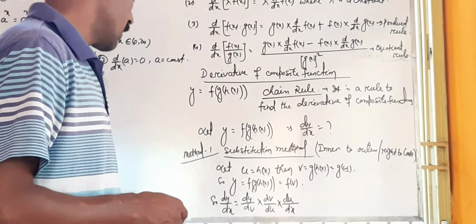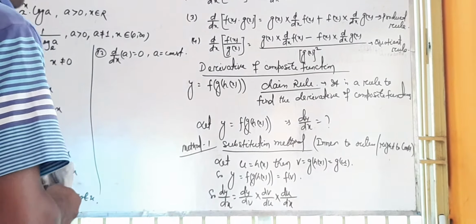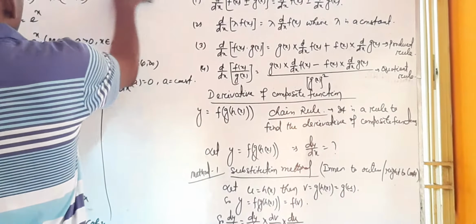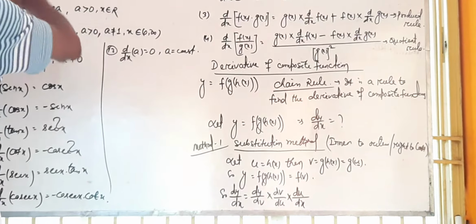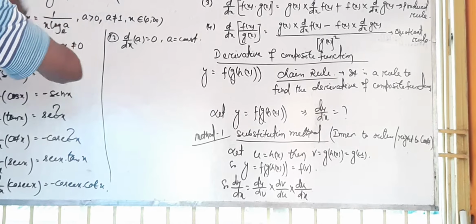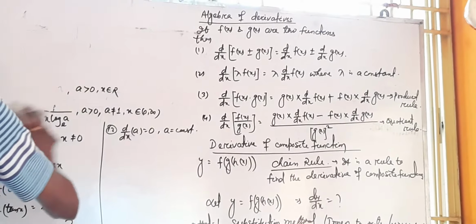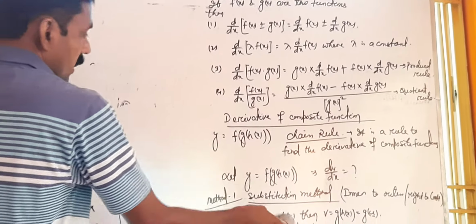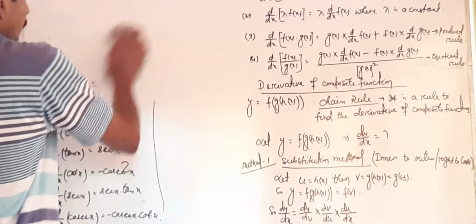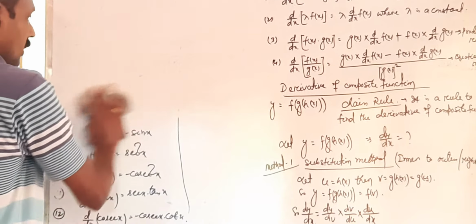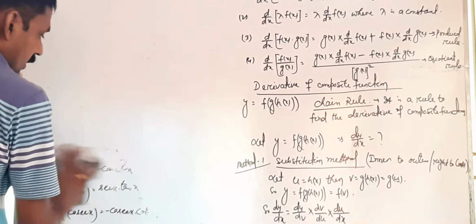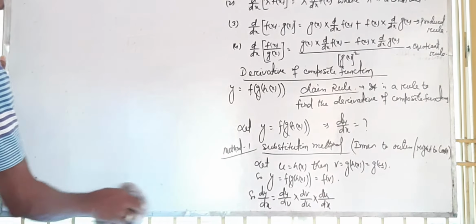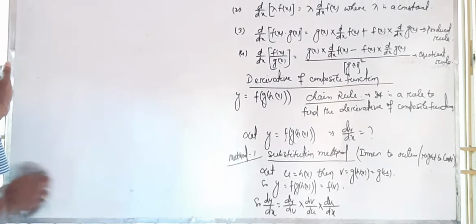Now I am going to explain how you will solve the derivative of a composite function using chain rule in the direct method. Direct method means without doing this one, because it will be time taking. Suppose you are appearing in an entrance examination and you have to find the derivative of a composite function.